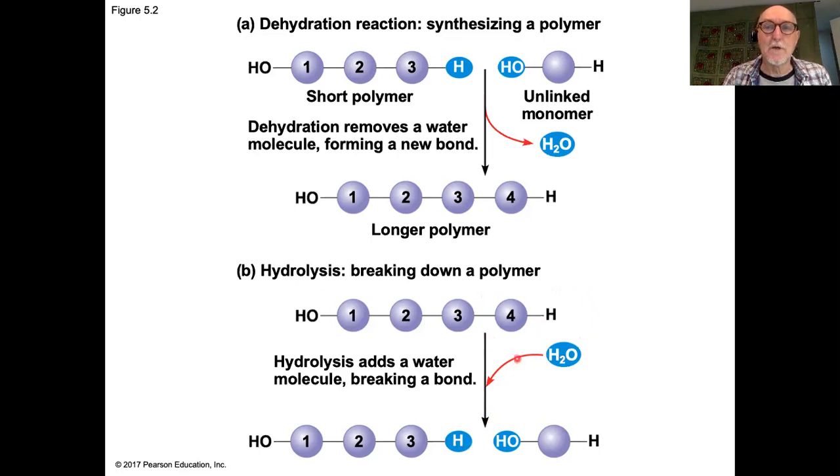So here's a water molecule. We put in H2O. So we put in water, and because of that, we call this a hydrolysis reaction. Dehydration to build, hydrolysis to break down these polymers.